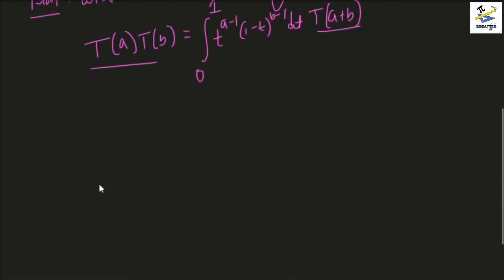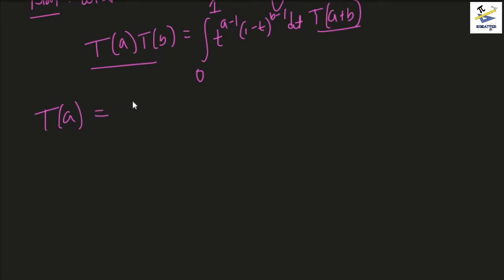Now how do we again start? Well, if you remember from the last exercise where we had proved the Euler reflection formula into an integral form, what we did is as follows. We represented gamma of a and gamma of b in terms of their integral representations, right?